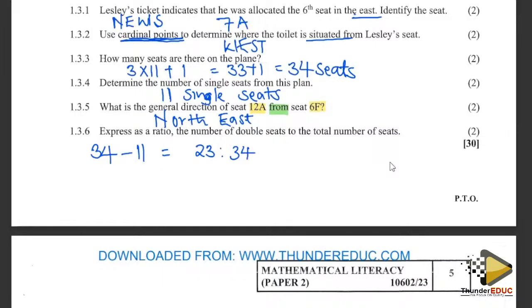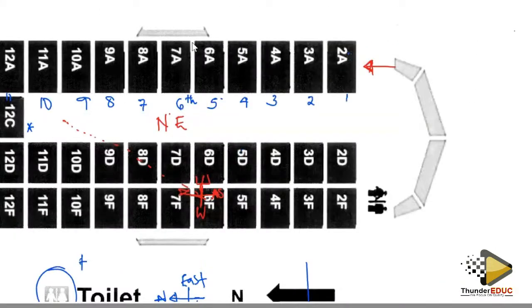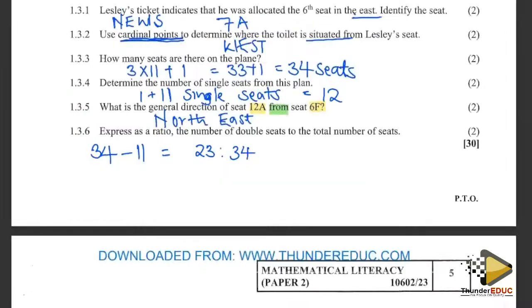Oh, sorry. There are 12 single seats, sorry. Remember, we have all these from up here. These are single seats, including the C. So they are 12, okay? 34 minus 12, we end up having 22.